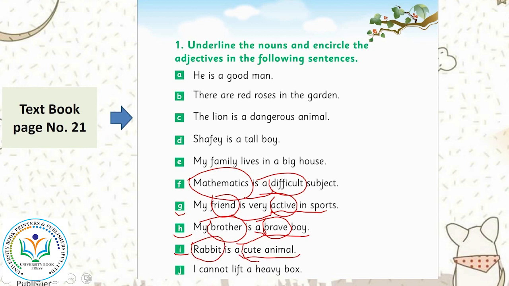And cute here is the quality of a noun. J, I cannot lift a heavy box. Here, the box is a noun and heavy is a quality of the box. Here, the word heavy is describing the box.